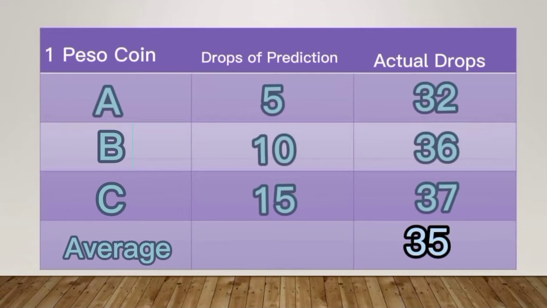We find the average number of drops of a 1 peso coin, so we add the actual drops and divide it by the number of times we used the 1 peso coin, which is 3 times.